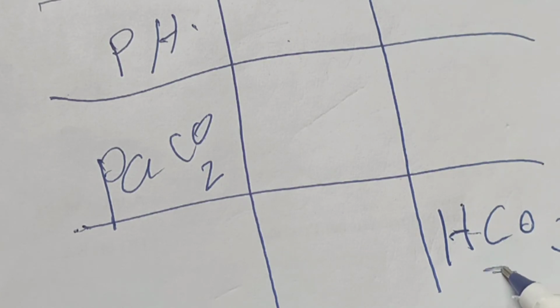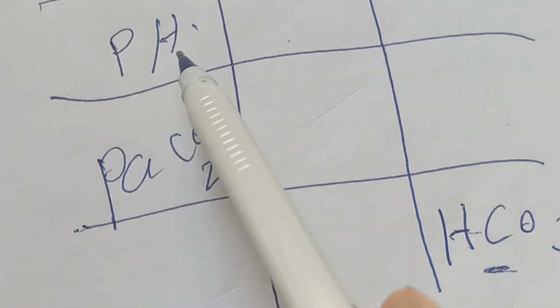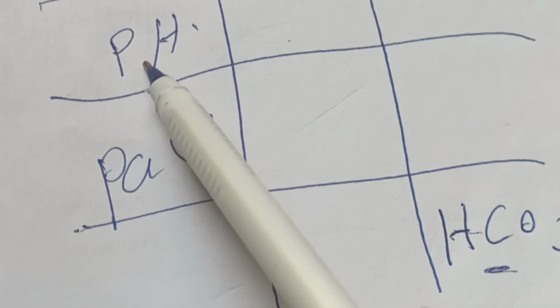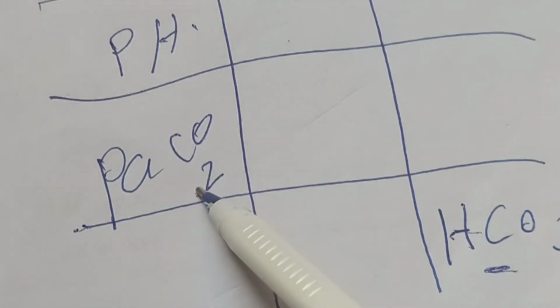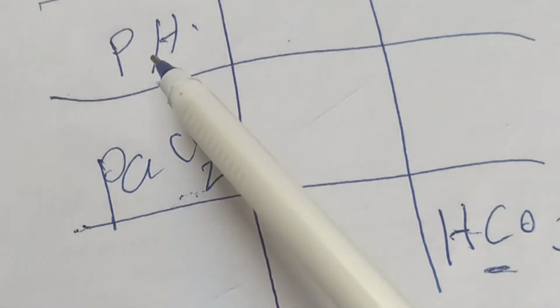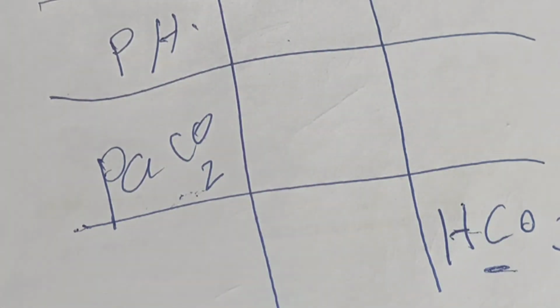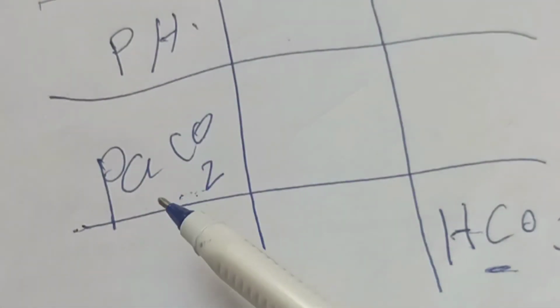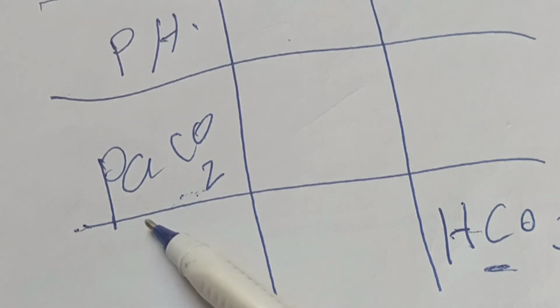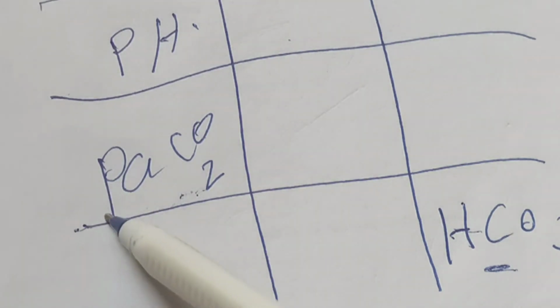If HCO3 is on the same side as pH, it's metabolic. Now PaCO2 is on the same side as pH, both in the acid. So this abnormality is respiratory acidosis. Why acidosis? Because the pH is acidic. PaCO2 is on the acidic side, and PaCO2 represents the respiratory system.